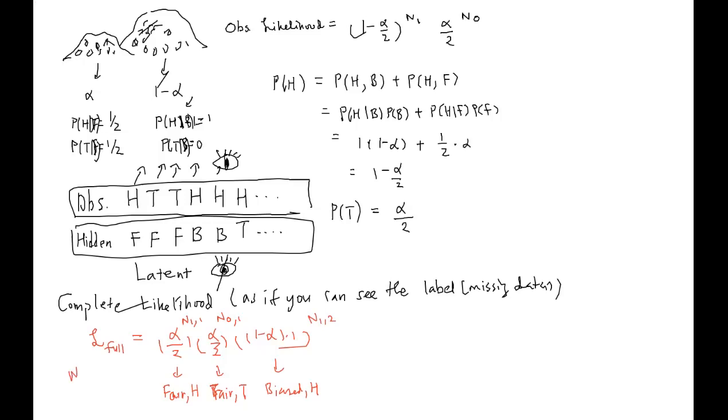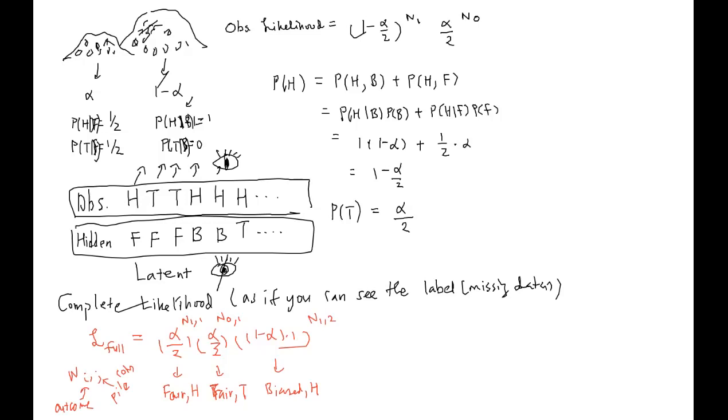So your Nij, the first index is the outcome, and the second index indexes the coin pile. So this part here is your full likelihood.